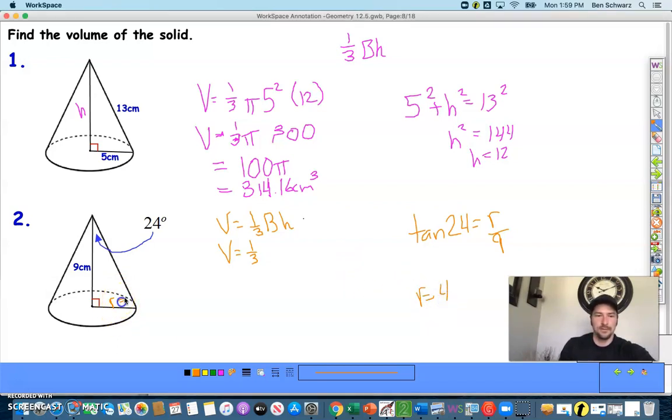So R equals 4. All right, so now we can do area of the base is pi times 4 squared. And then our height is 9. So 4 squared is 16. 16 times 9 is 144.